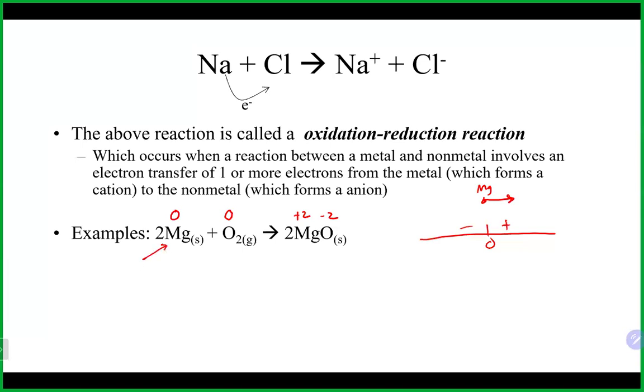So once again, as we would expect, this is going through oxidation. And by default, this guy has to go through reduction. We can see that as well: oxygen starting at 0 on the right-hand side ends at -2, becoming more negative, and it is going through reduction.